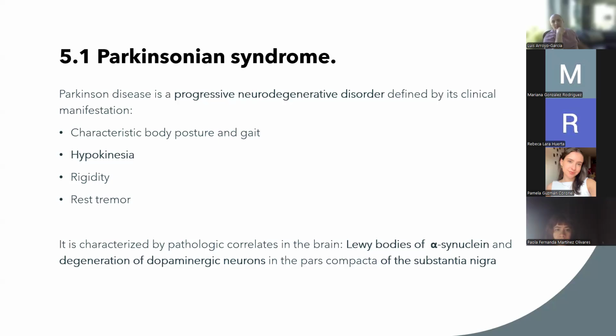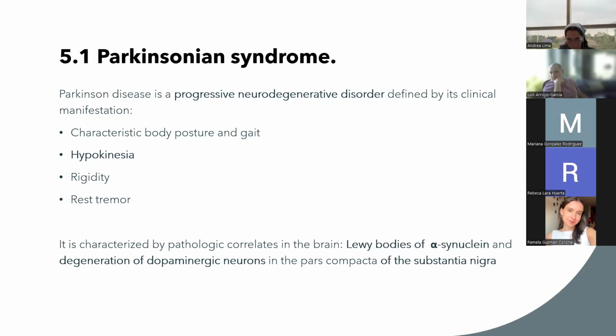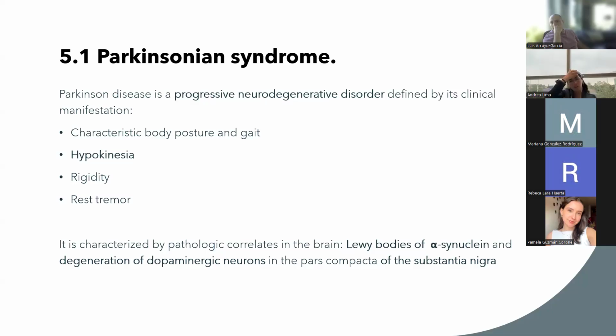What can you tell me about Parkinson's? Yes, Andrea. Well, I don't know if you have it there, but mainly it's dopaminergic neuron loss, because it has a degeneration of the dopaminergic neurons.